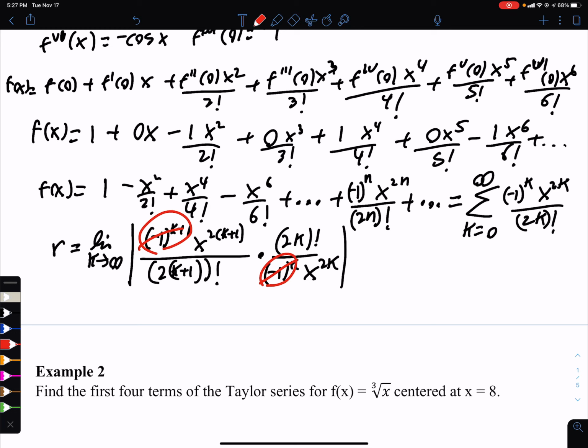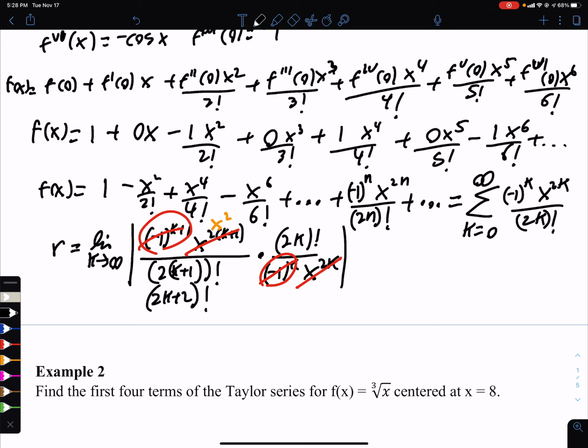And then we're going to start to simplify. This is 2k plus 2. This is 2k. That means that this one has 2 extra on top. So when you cancel those, you're going to be left with an x squared. Now if you multiply this out, this is 2k plus 2 factorial.